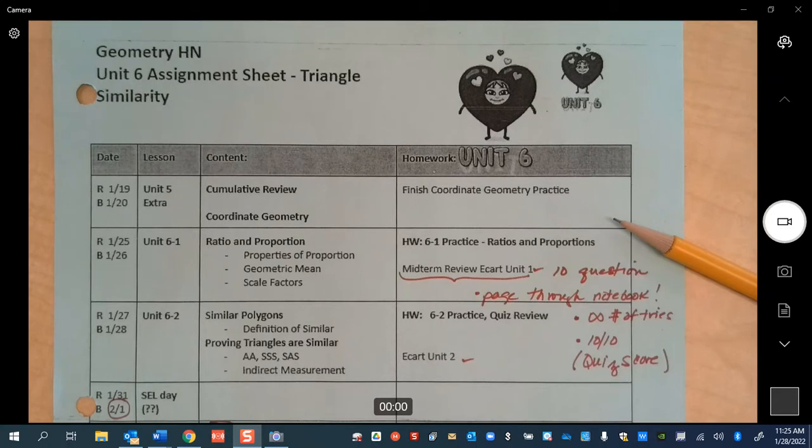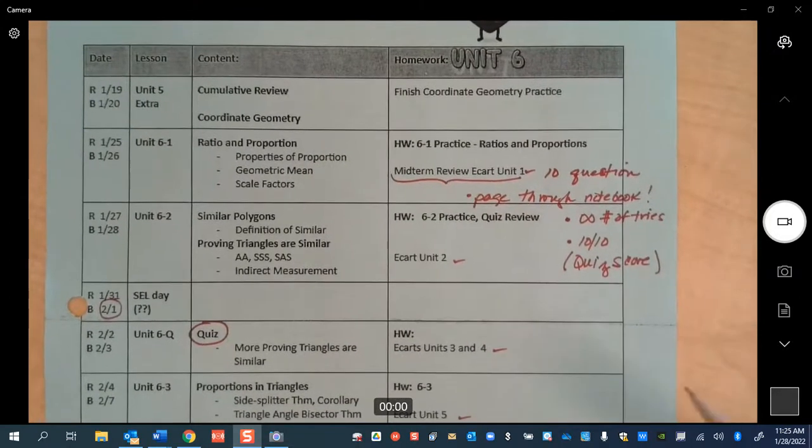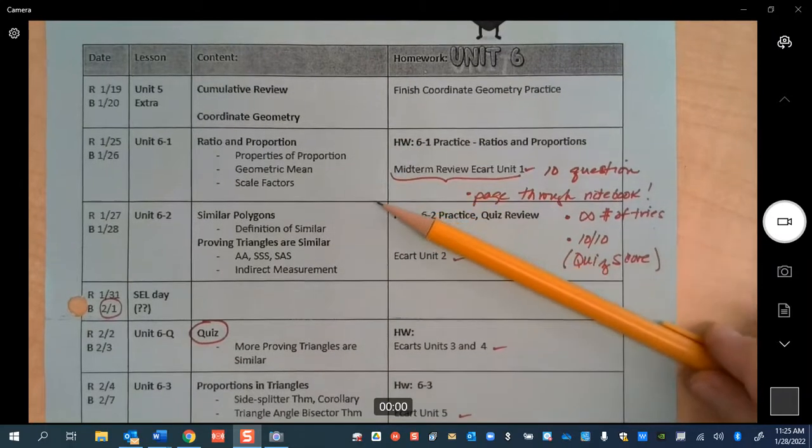Next up, the sub was supposed to do 6-1 with you, and 6-1 consisted of 3 pieces of paper. One was a skills review, which was a warm-up for you, and there was a video that walked you through things like solving proportions, simplifying radicals, and a little bit of unit conversion.